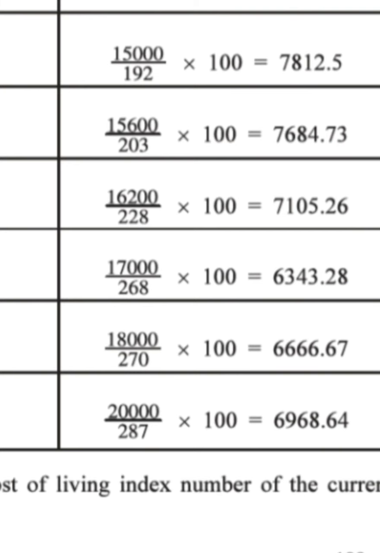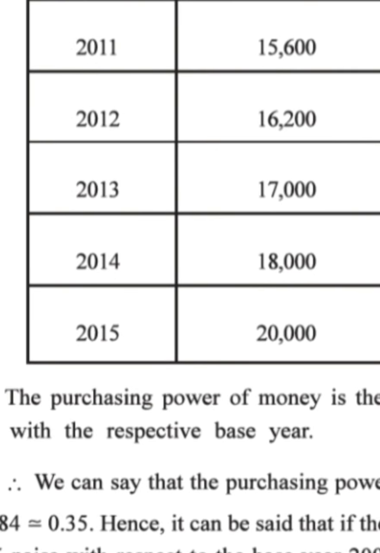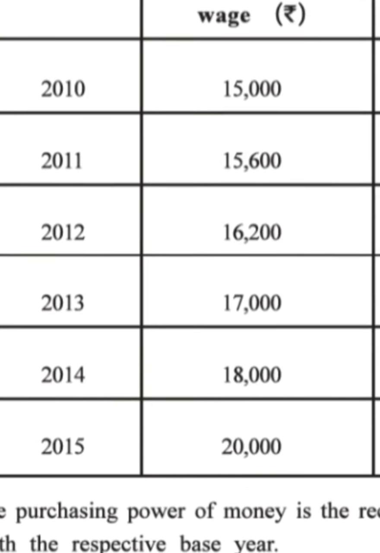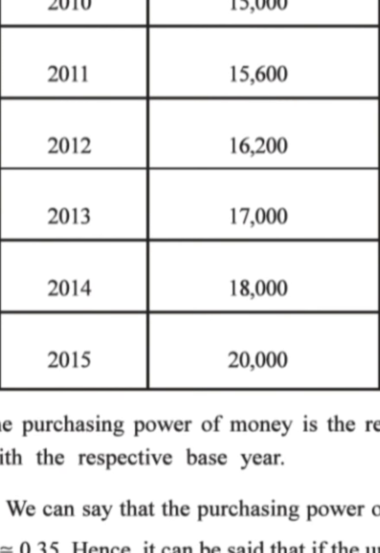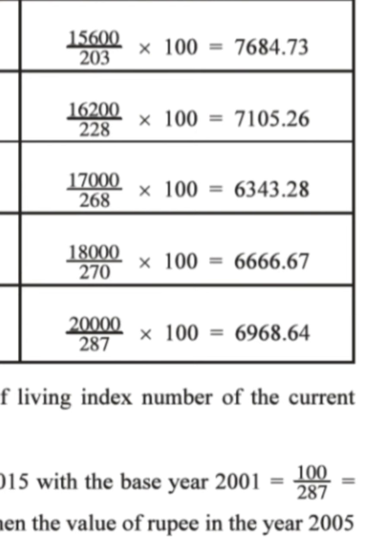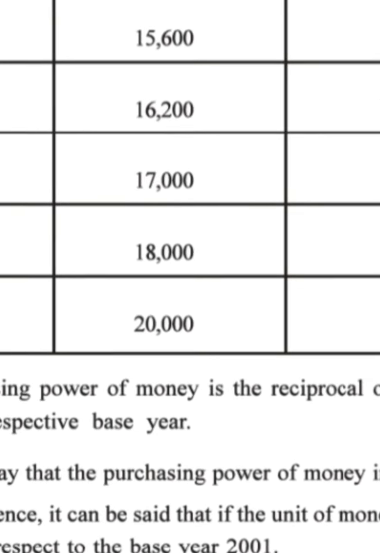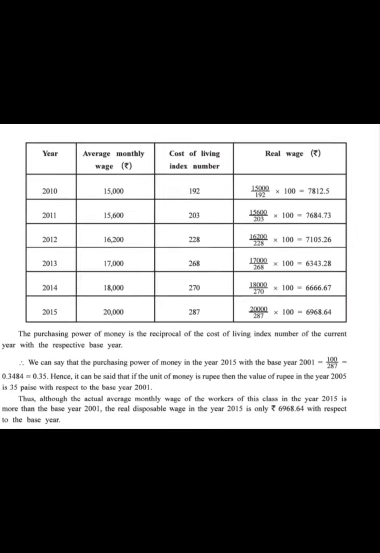That is only because the purchasing power has decreased in the current year. Even though the average monthly wage is 20,000, its value is only 6,968.64, because of the decrease in the purchasing power or the value of money.